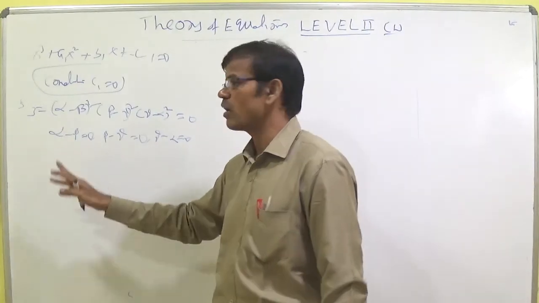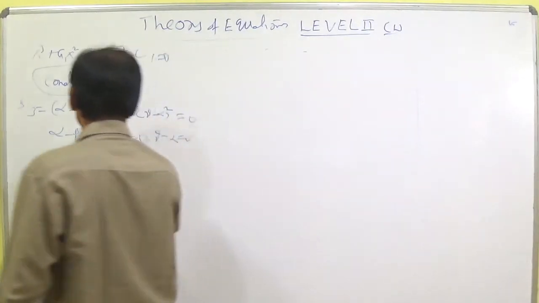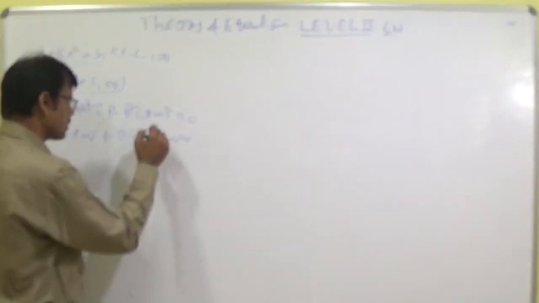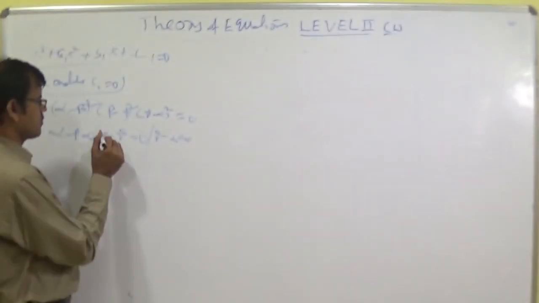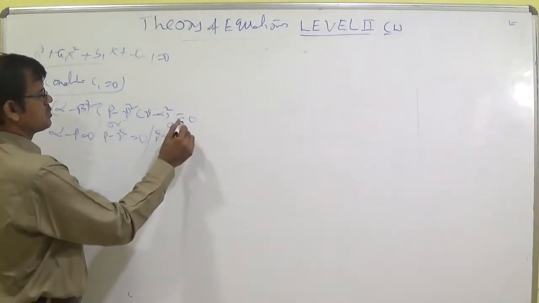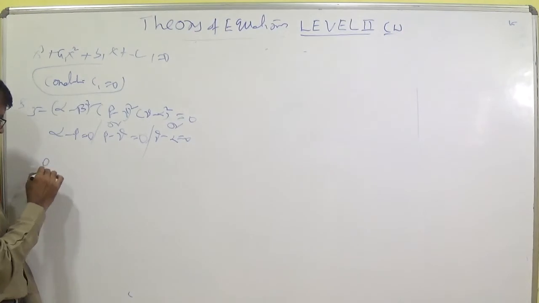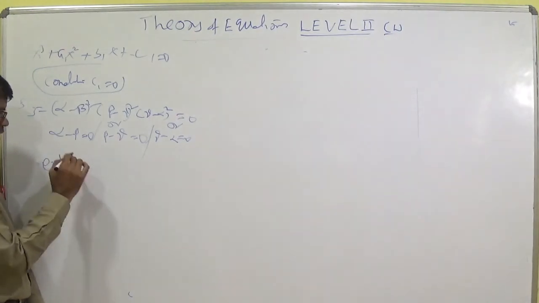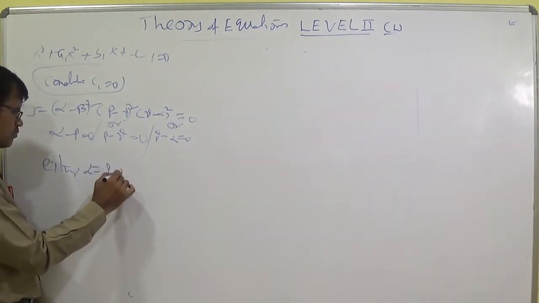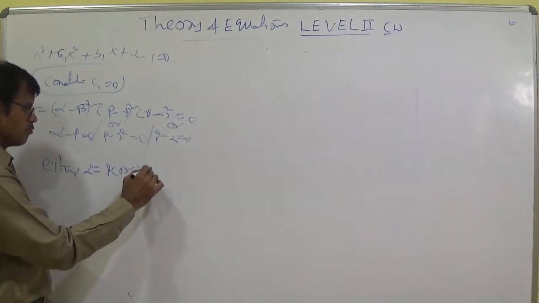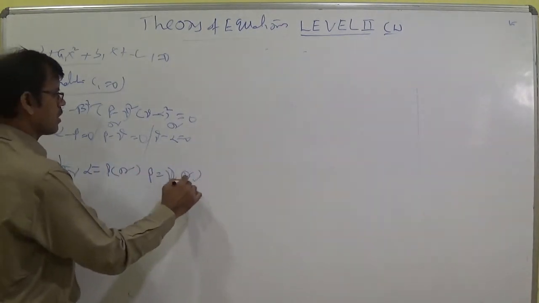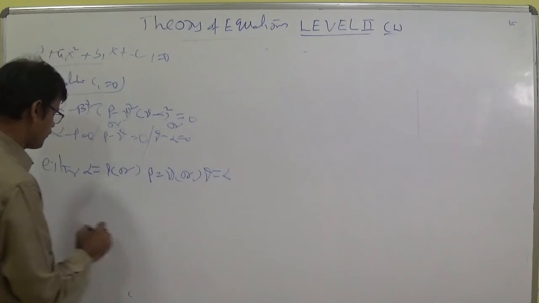That is why it is a chance only. Alpha minus beta equal to 0 or beta minus gamma equal to 0 or gamma minus alpha equal to 0. So either alpha is equal to beta or beta is equal to gamma or gamma is equal to alpha.